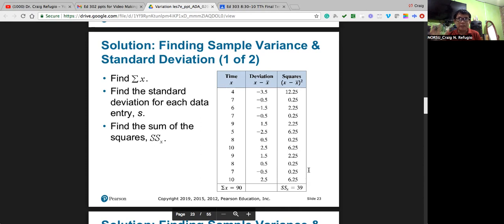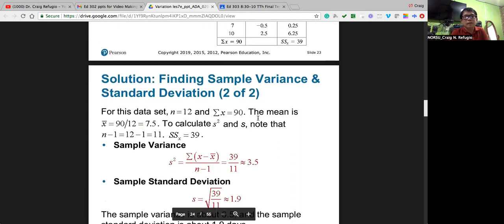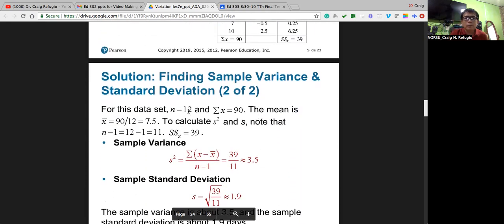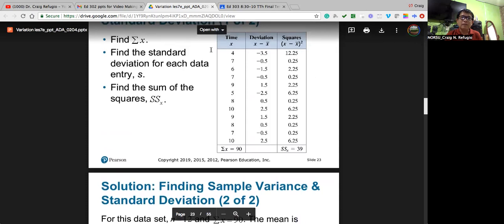You can get your calculator and verify the values of the table that you're looking at on my screen. We have the x column, the x minus x bar column, and then the quantity x minus x bar squared. Remember how to get these values: calculate first x bar, then deduct x bar from the value of x. For this data set, n is equal to 12 and the summation of x equals 90. So the mean x bar is 90 divided by 12, which is 7.5.